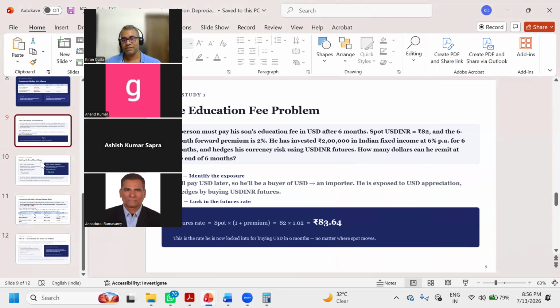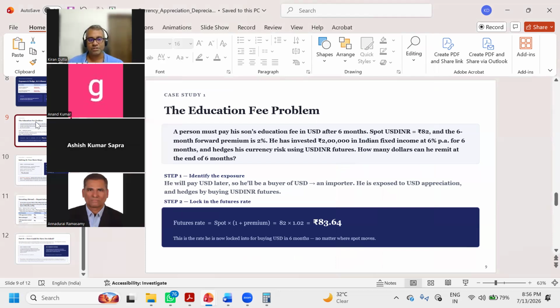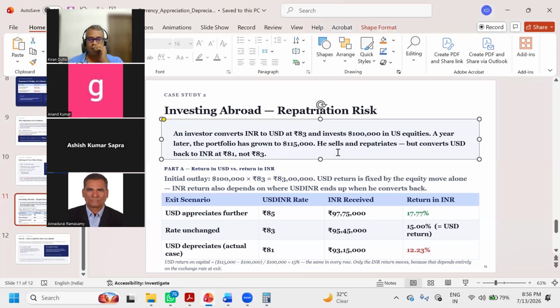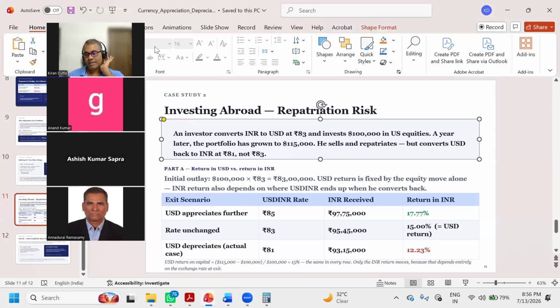Now there is a second question that is very famous, which is this one. Let's read through this. An investor converts INR to USD at rupees 83 and invests $100,000 into US equities.